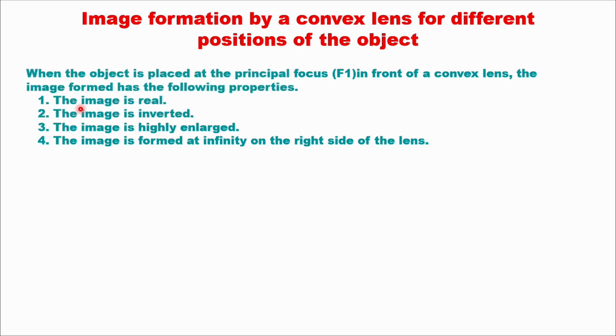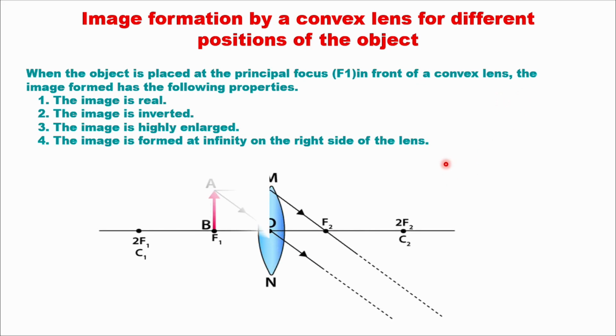Now this goes to the next case. When the object is placed at the principal focus f1 in front of the convex lens. Just observe the diagram again. This is the position of the object at f1. The image is formed at infinity on the right side of the lens. What is the nature?